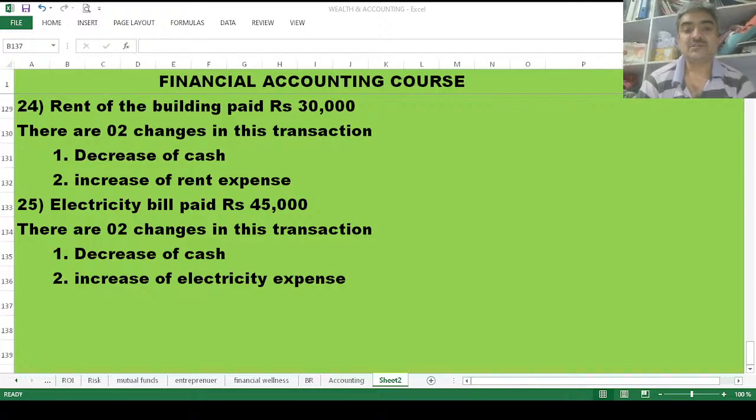Every change is supposed to be recorded in a separate account. You should note that a discussion about accounts or ledgers and how a change is recorded in an account is made later in this course. So stay tuned for the further learning in this course.